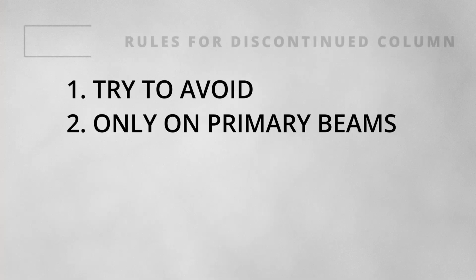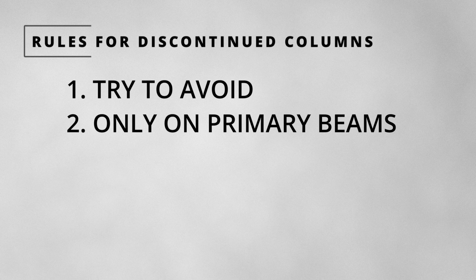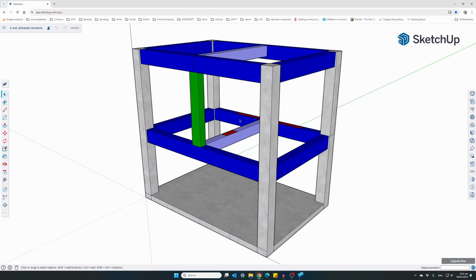Our second rule is that discontinued columns are only allowed on primary beams. Primary beams, marked here with a solid blue color, are beams that have both of their sides directly supported onto columns or walls.